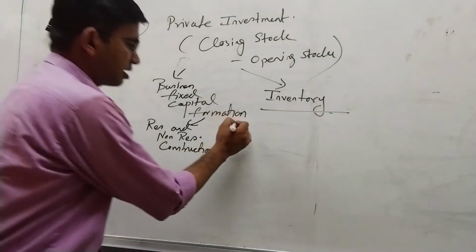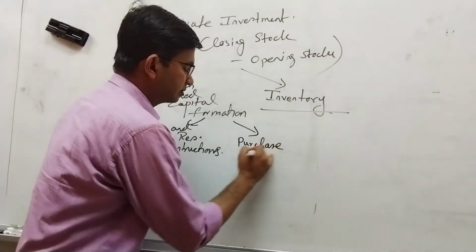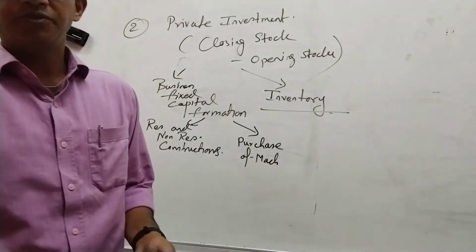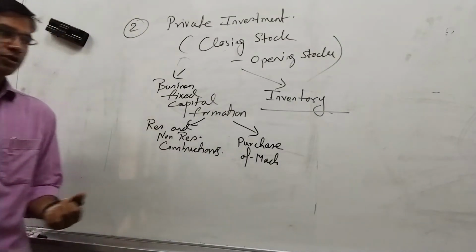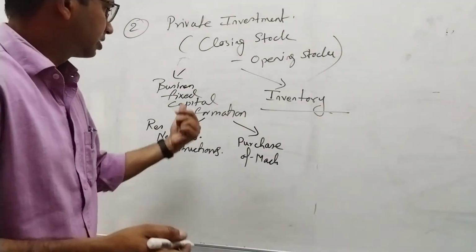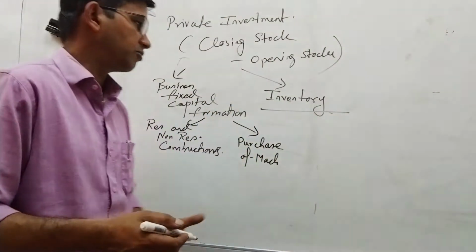And another is the purchase of machineries. The purchase of different machineries is also a part of private investment, and is part of business fixed capital formation.